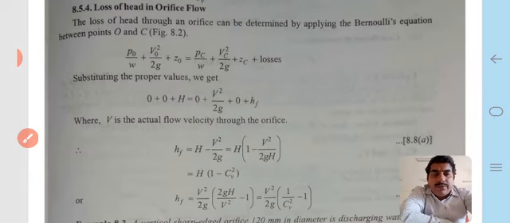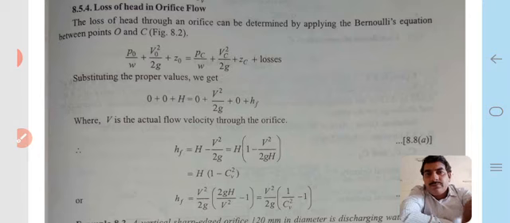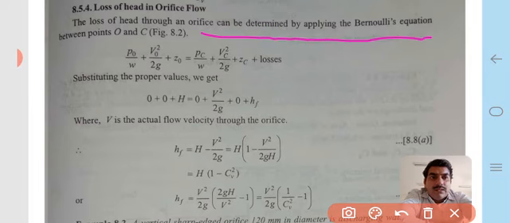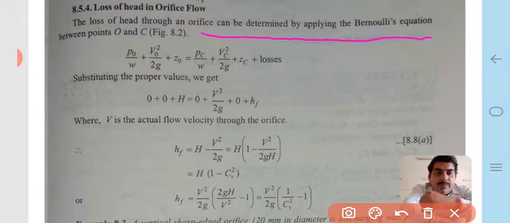Loss of head in orifice flow. The loss of head through an orifice can be determined by applying Bernoulli's theorem between point O and C. Therefore P naught upon W plus V naught square upon 2g plus Z naught is equal to Pc upon W plus Vc square upon 2g plus Zc plus losses. Putting all these values, H is equal to V square upon 2g plus Hf.